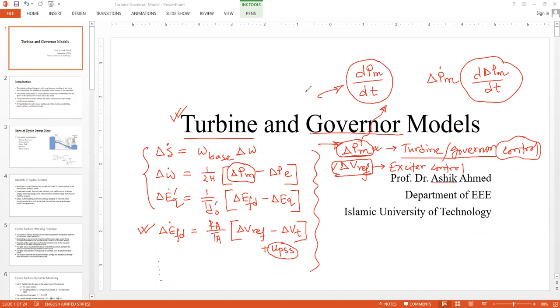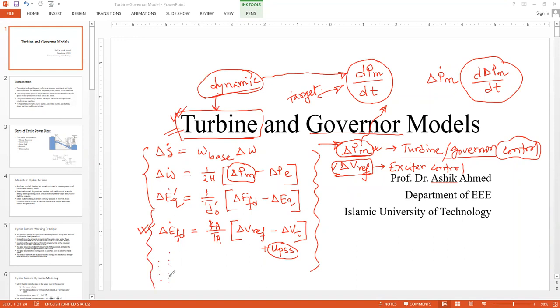So this is our target for the first part of the lecture today, okay? And that would be achieved from the dynamic modeling of the turbine. So once we complete this, we should be able to write down this state equation. And of course, the modeling size or the complexity of our power system model would increase slowly and slowly.